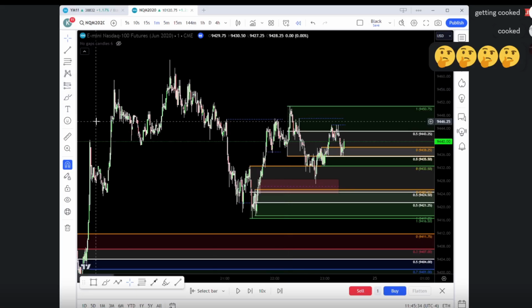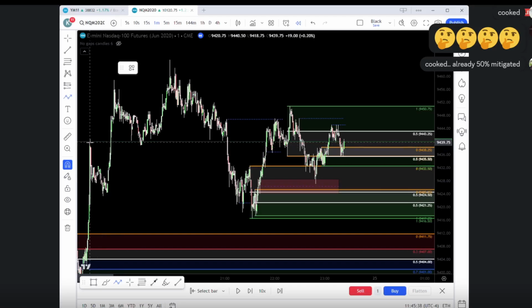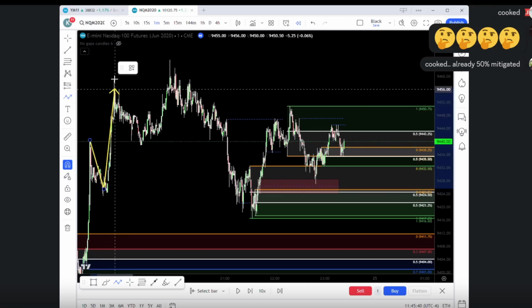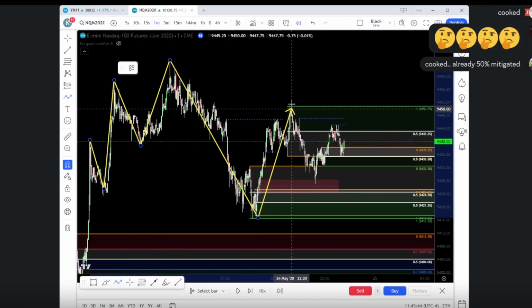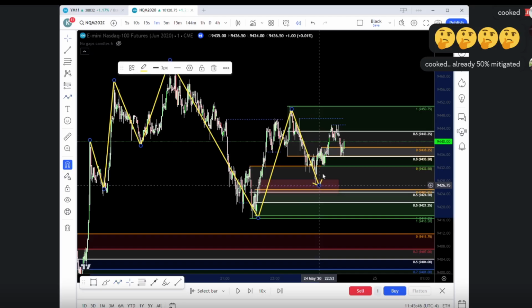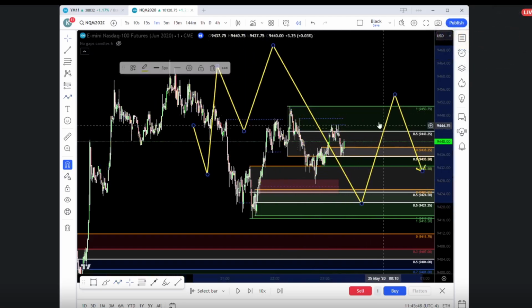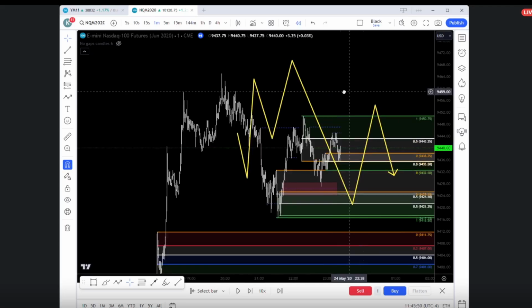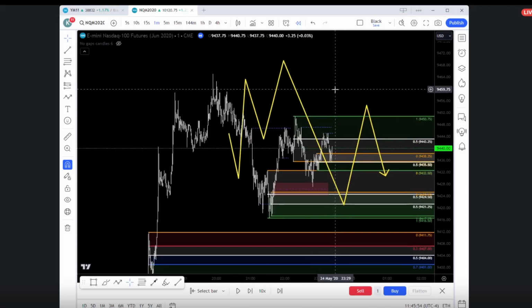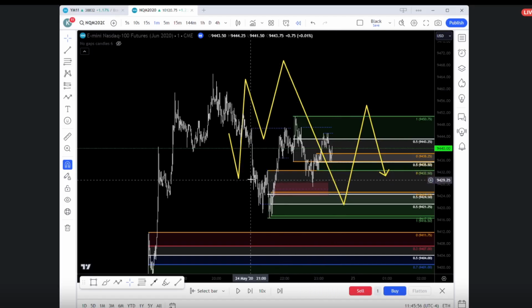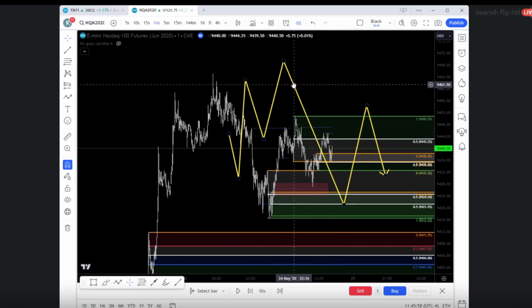Right? Now, if we start looking at this, what is this move here? It's the same pattern in reverse, isn't it? Which delivered us our 1-to-1 area, right?